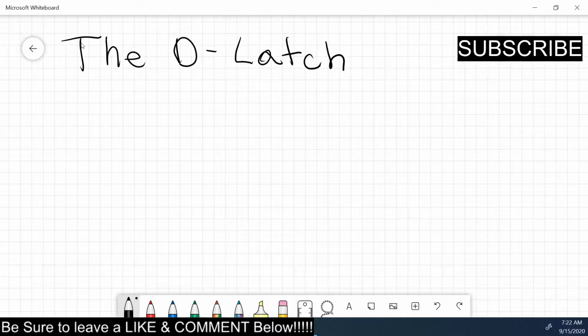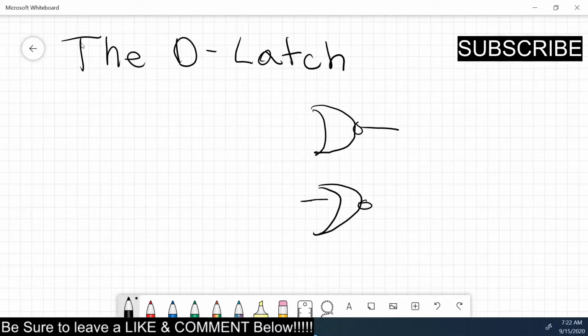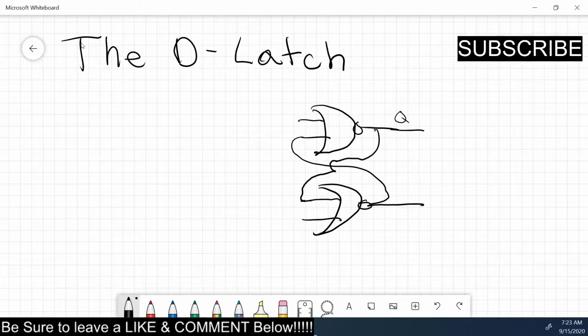So a D latch is very similar to your SR latch, and if you remember the SR latch, it has a NOR gate, two inputs, and this input is tied to this one, and this input is tied to this one, and this is your Q, and this is your Q not.